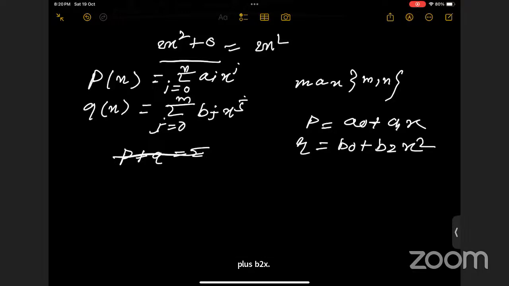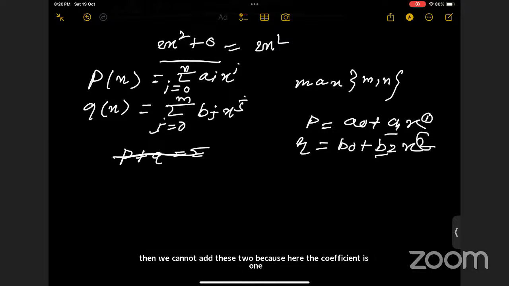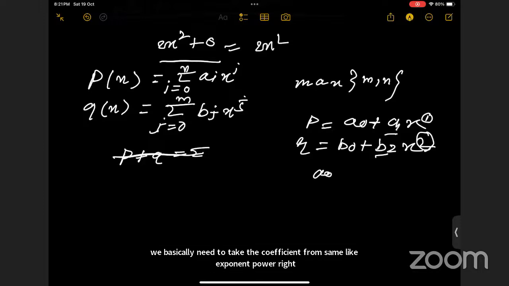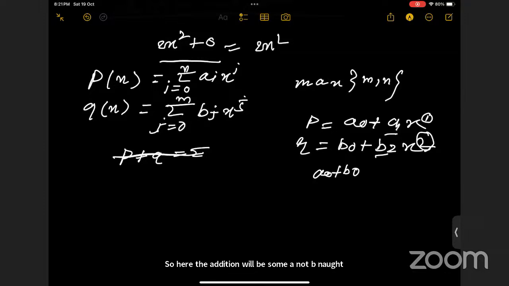Then we cannot add these two terms because here the exponent is 1 and here the exponent is 2. So we basically need to take the coefficients from the same exponent power, right? So here the addition will be a naught plus b naught plus a1x plus b2x square, right?